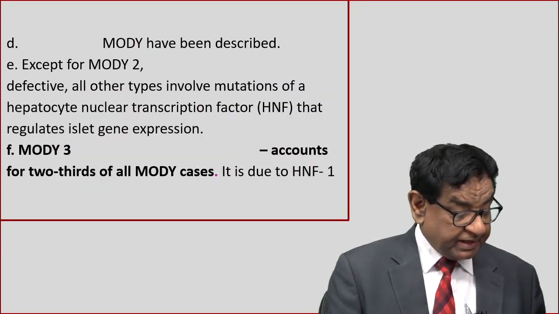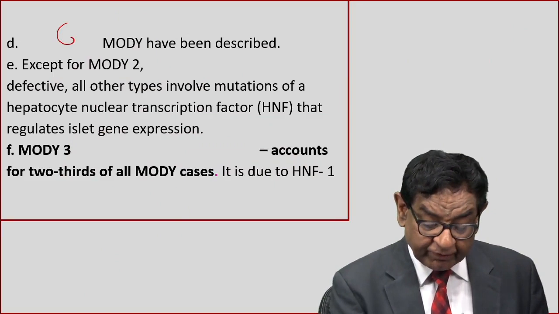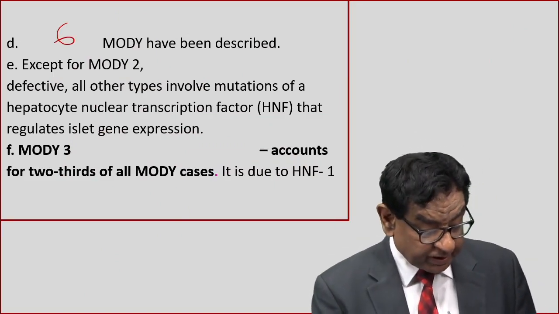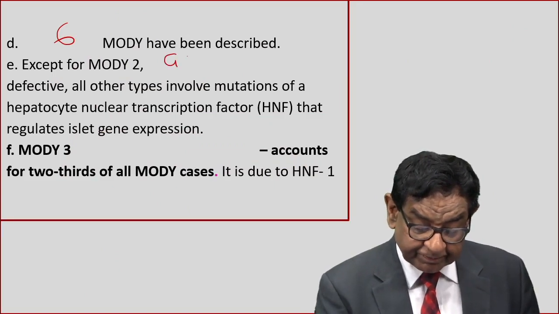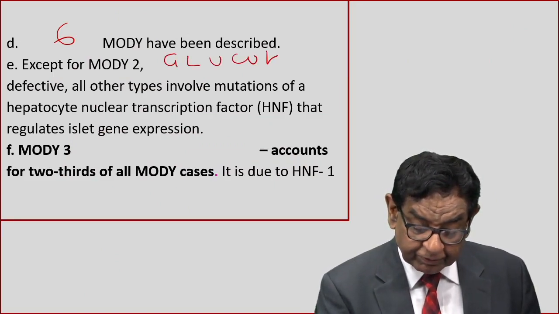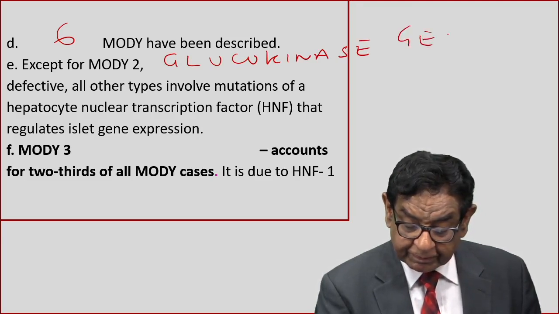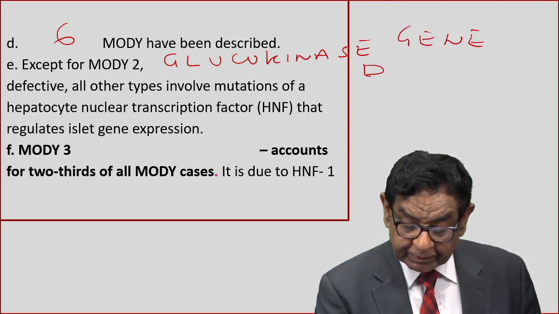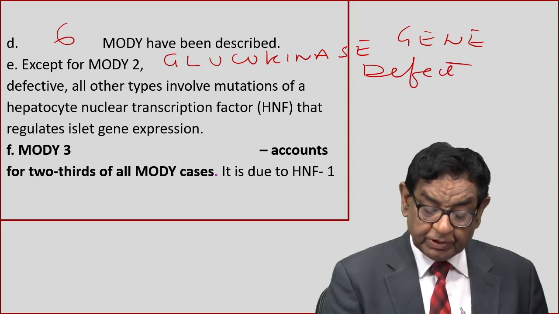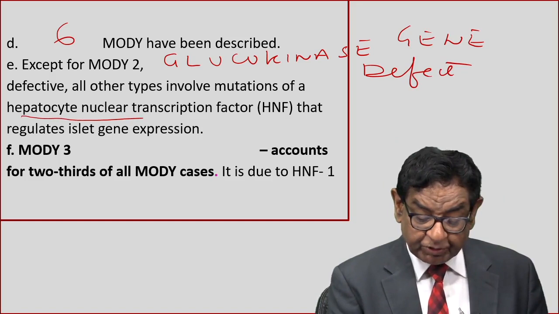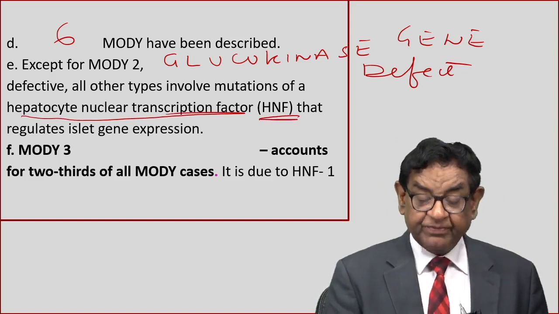Well, then there are 6 types of MODY, except for type 2, which is due to the glucokinase gene defect. All others are due to mutation in the hepatocyte nuclear transcription factor, so called HNF.